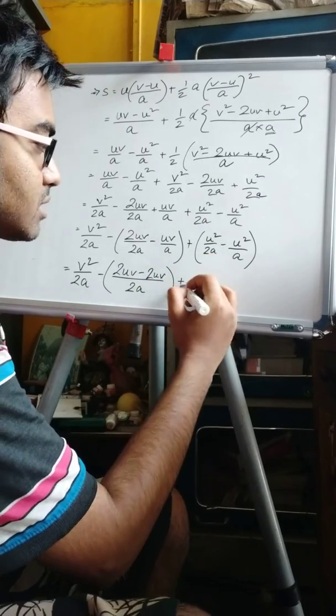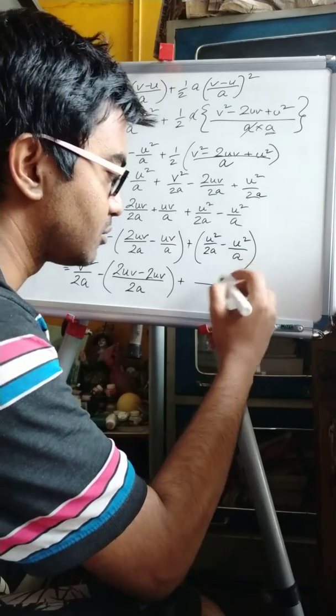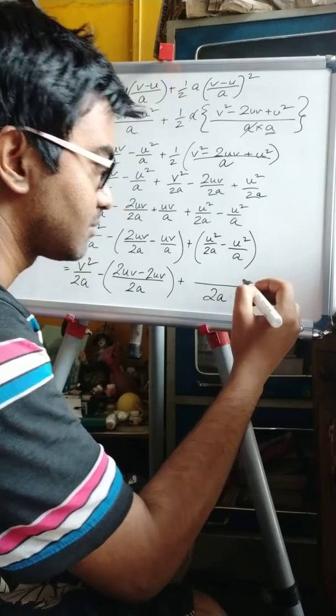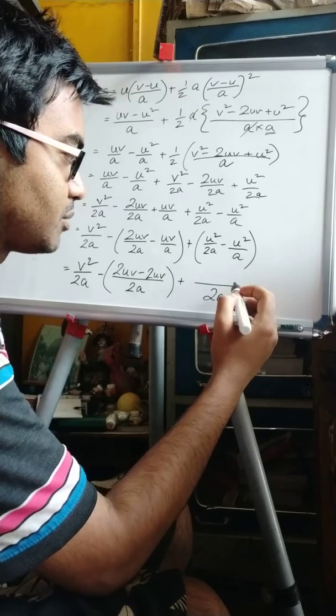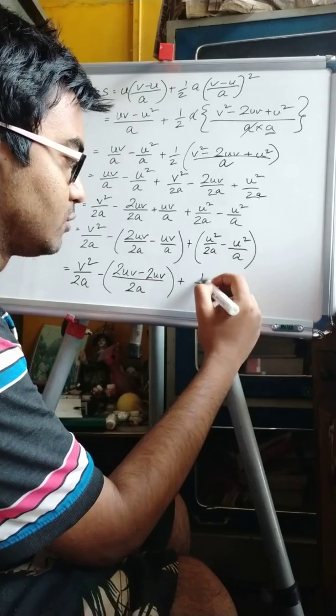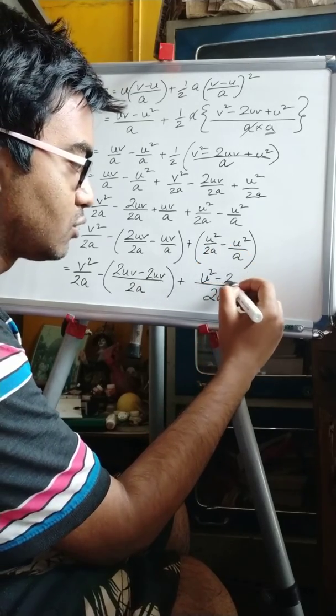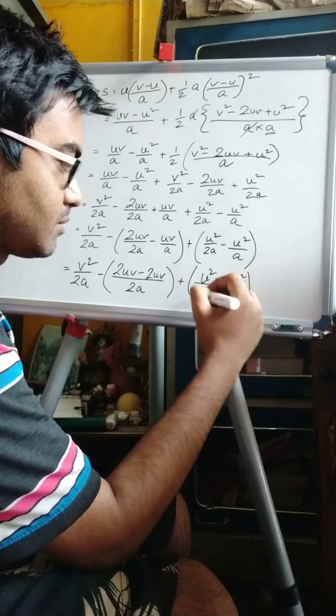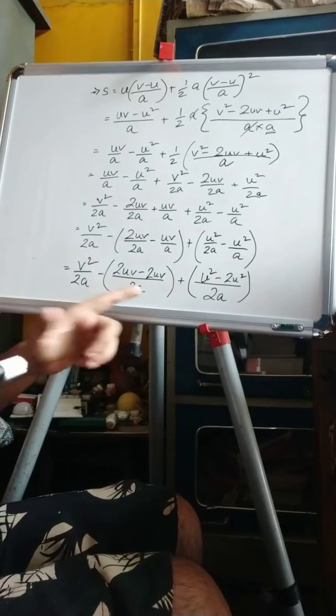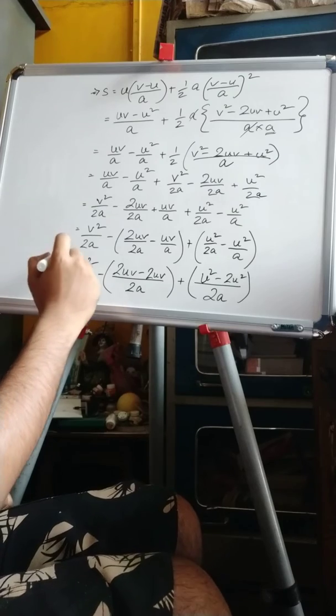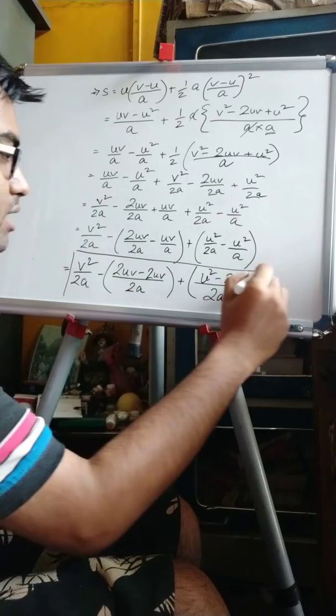Now plus again the same, twice of a. Next it would be u square minus 2u square. So I think I am clear up to this point, up to this equation.